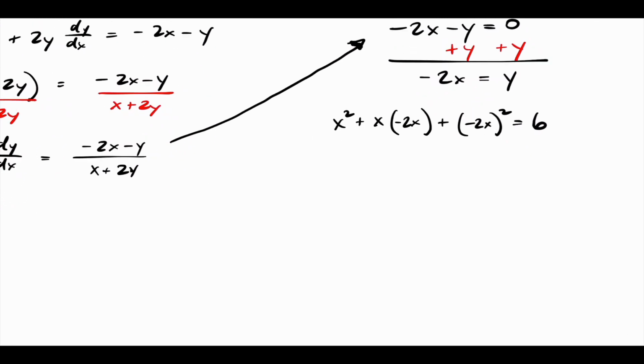So let's see. I have x squared minus 2x squared plus 4x squared, because everything inside the parentheses is to the second power. They're all like terms. So 1x squared minus 2x squared plus 4x squared is positive 3x squared.